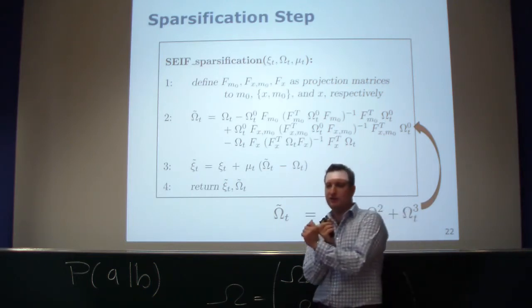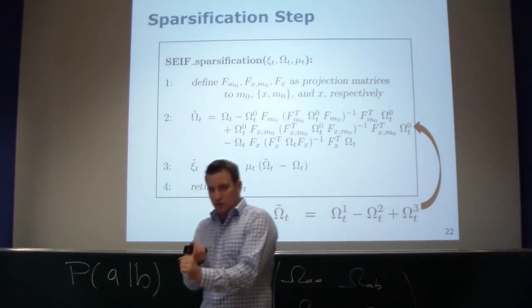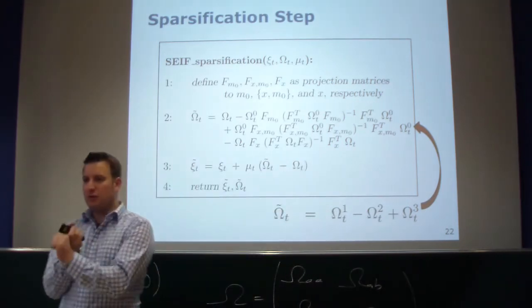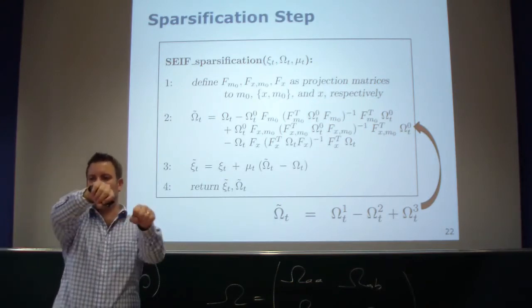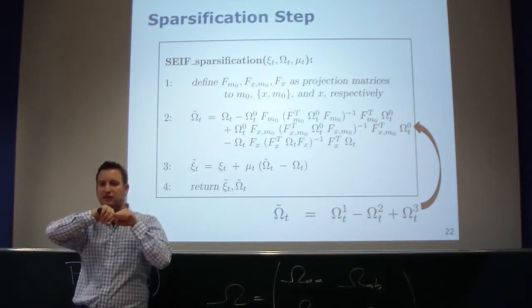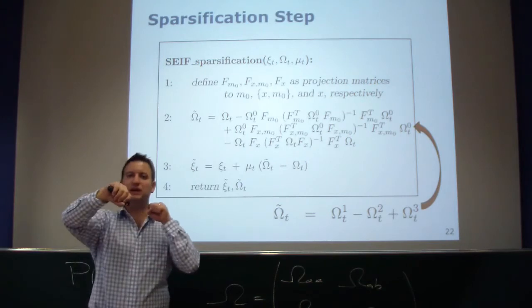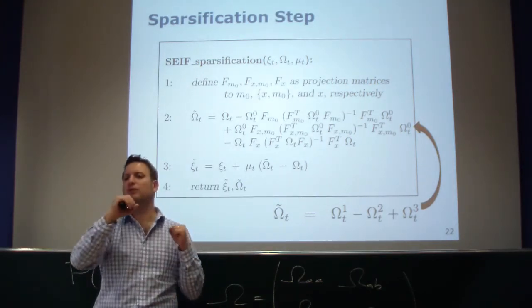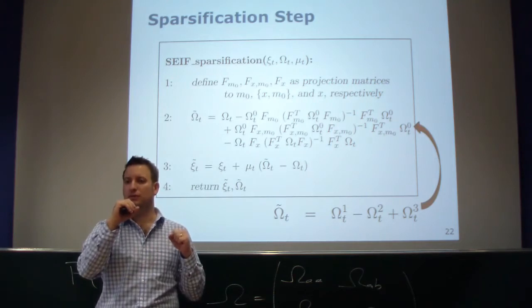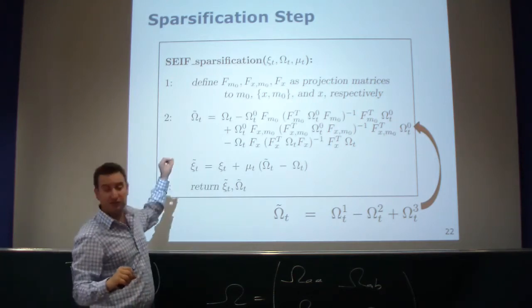The key idea is that we assume conditional independence between the robot's pose and the landmarks which become passive. That means we remove the links from the information matrix between the landmarks that become passive and the robot's pose. This algorithm tells you how to do that.